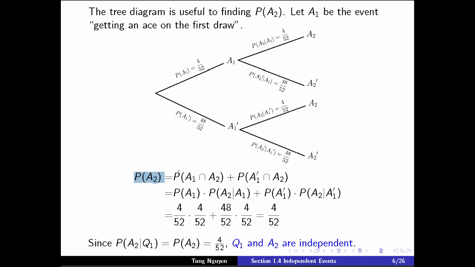We can also see that if we write the probability of A2 as the probability of A1 intersect A2 plus the probability of A1 prime intersect A2. This means the first time we draw an ace and the second time also an ace. And this means the first time is not an ace and the second time is an ace.